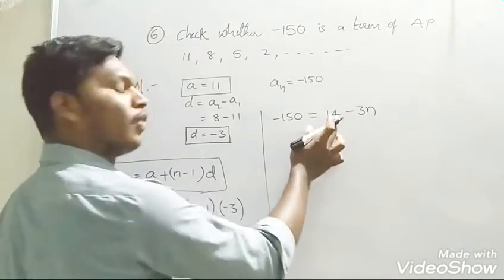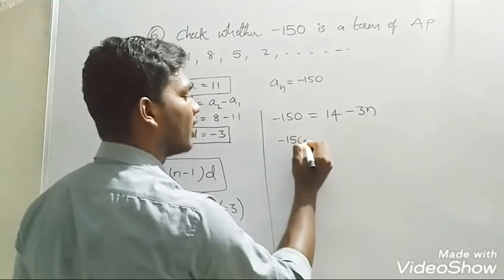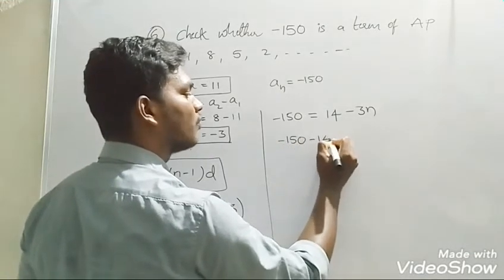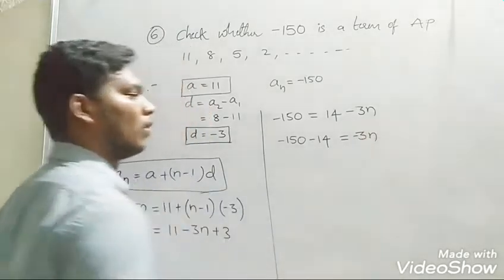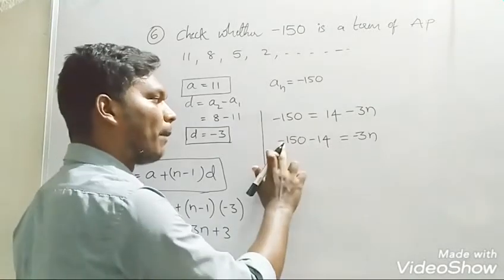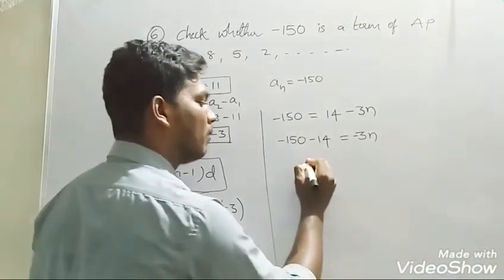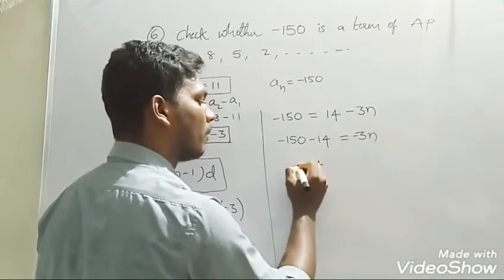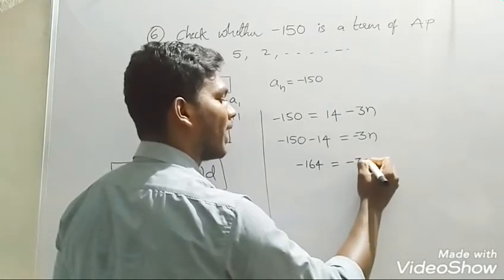So I am moving this 14 to this side, so it will become minus 14. So minus 150 minus 14 is equal to minus 3n. What is minus 150 minus 14? That is minus 164, so minus 164 is equal to minus 3n.